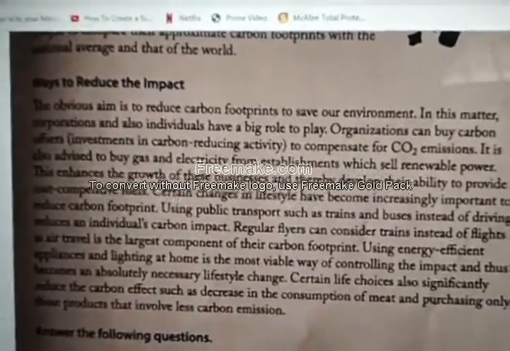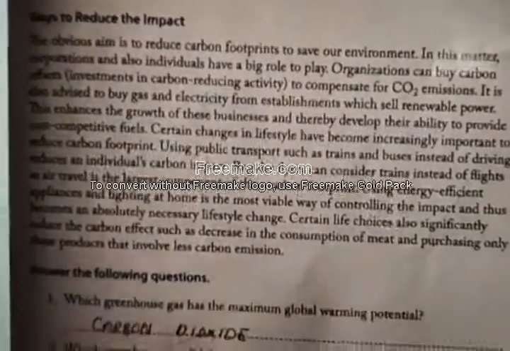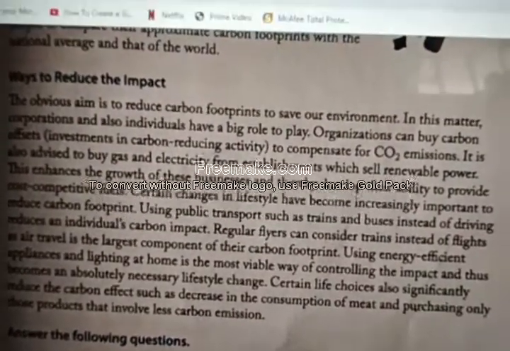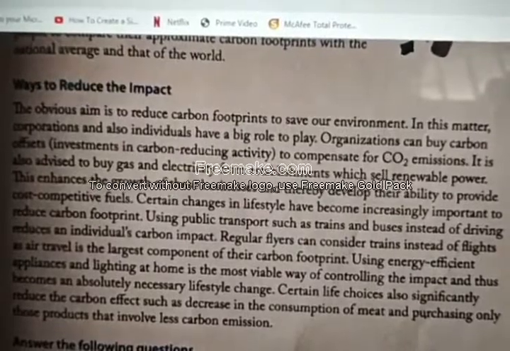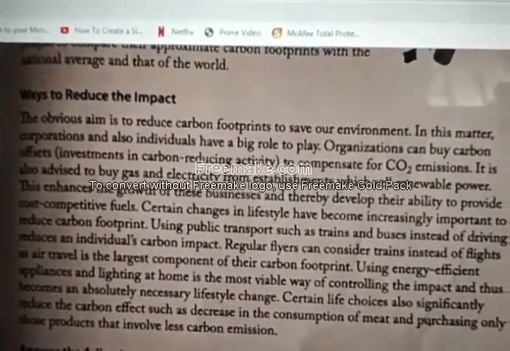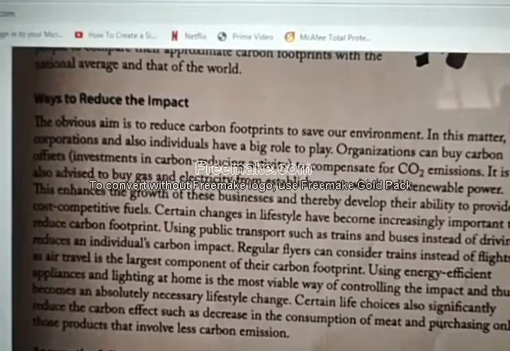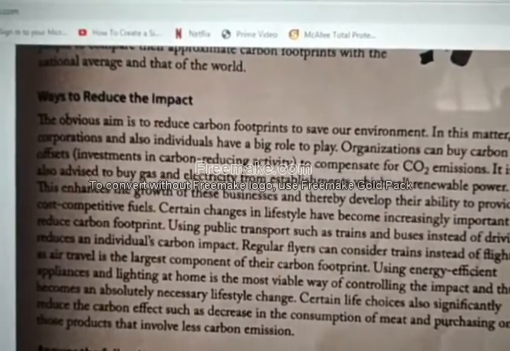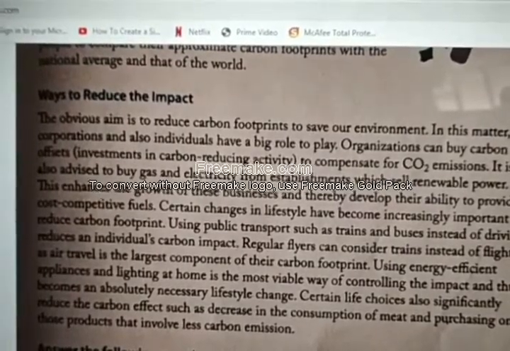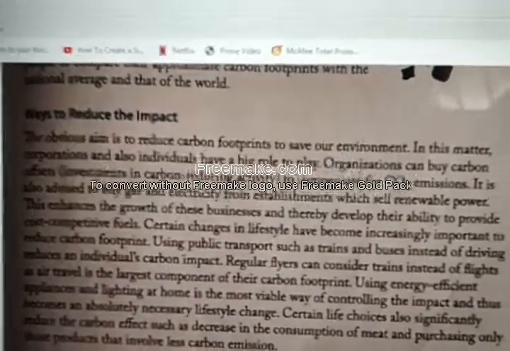There are a few activities they can invest in, and they can reduce the production of carbon. It is also advised to buy gas and electricity from establishments which sell renewable power. This enhances the growth of these businesses and thereby develops their ability to produce cost competitive fuels.